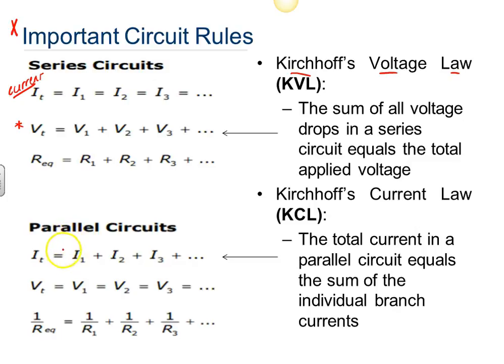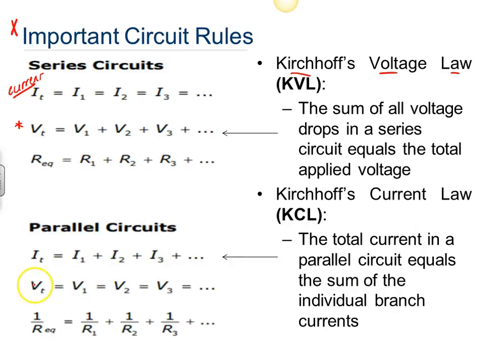Okay, in parallel circuits, in this case, our current is going to be split, and we're going to have the current through the individual pathways. If we sum those together, we end up with the total current in the circuit. And Kirchhoff's current law says specifically that the total current in a parallel circuit equals the sum of the individual branch currents.